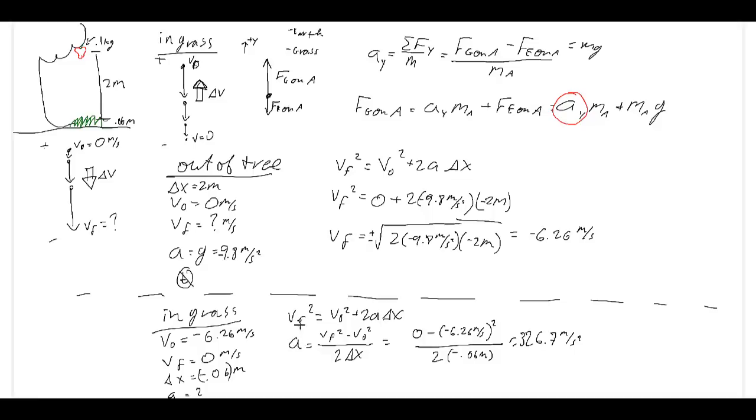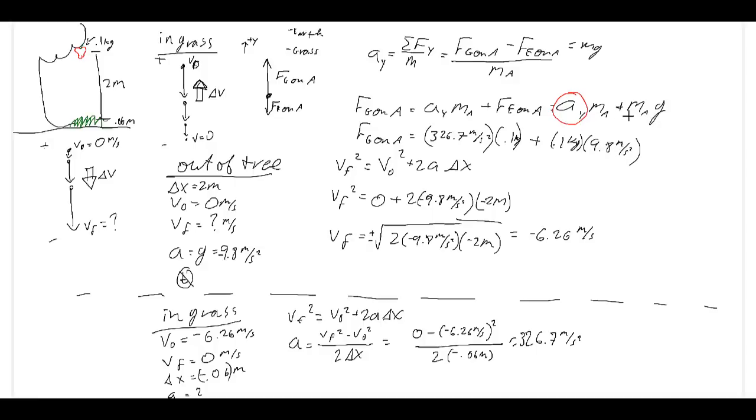Now, this acceleration is what we plug in here to find the force that the grass exerts on the object, or on the apple, excuse me. So we can plug in this information here. Acceleration is 326.7 meters per second squared times the mass of the apple, which is 0.1 kilogram, of course, plus the mass of the apple times g, so 0.1 kilogram times 9.8 meters per second squared.